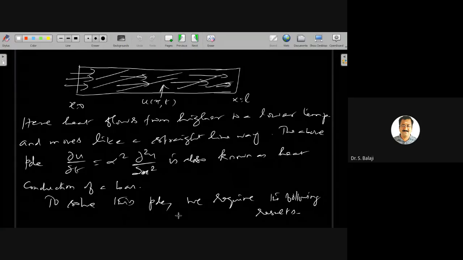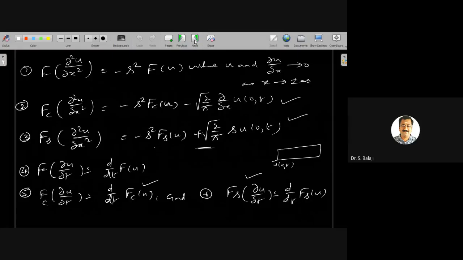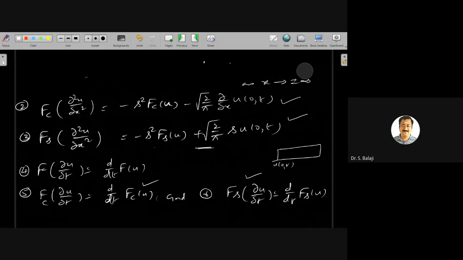To solve this PDE, we require the following results. Here you have no need of this definition. You write FC, because we are going to use Fourier sine and cosine transforms. Therefore, there is no need of these results here; start from this one.